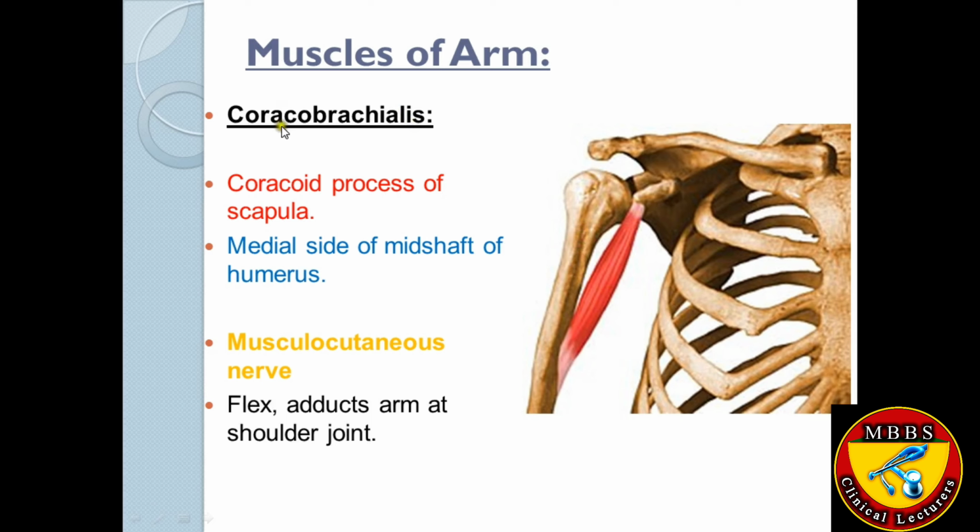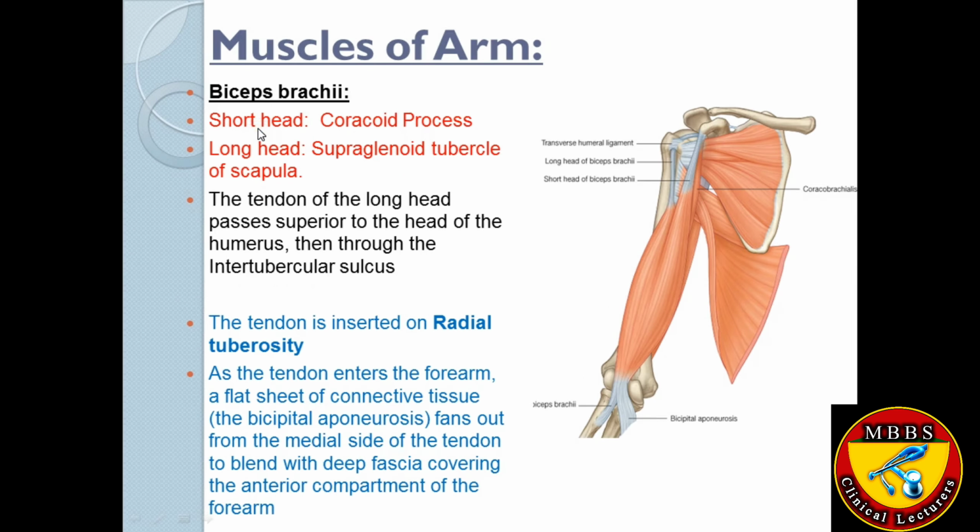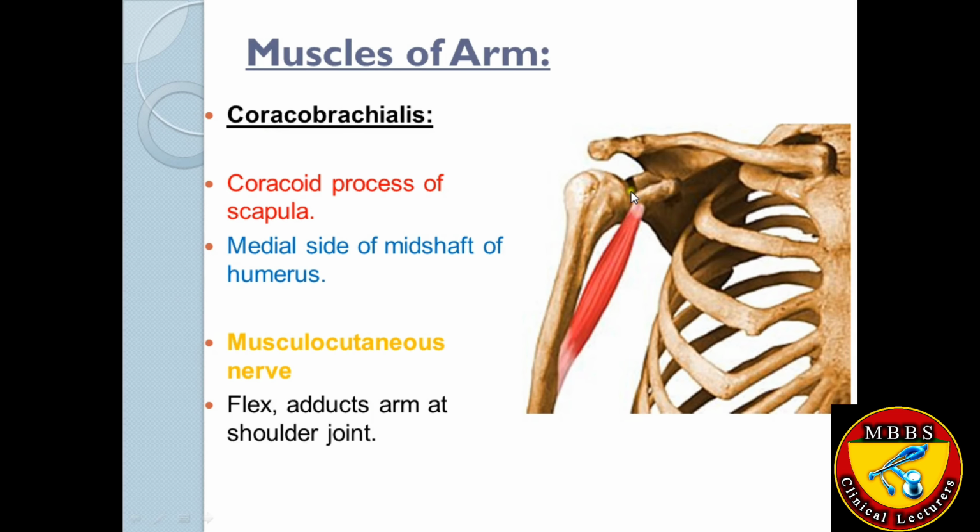So the muscle arises from the coracoid process of the scapula, and it is inserted on the medial side of the mid shaft of the humerus. You have to understand the origin and insertion of the muscle, and then only you can understand the action performed by this particular muscle.